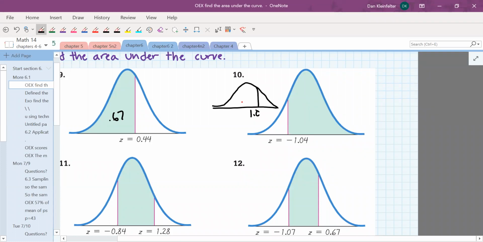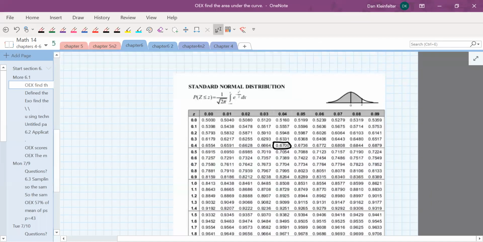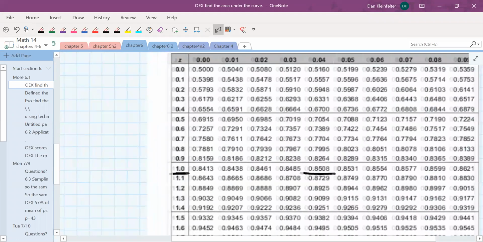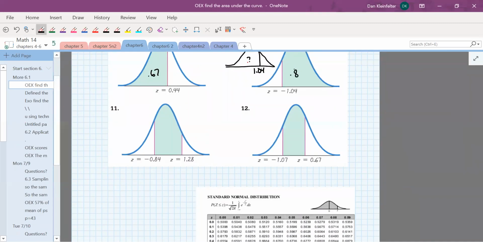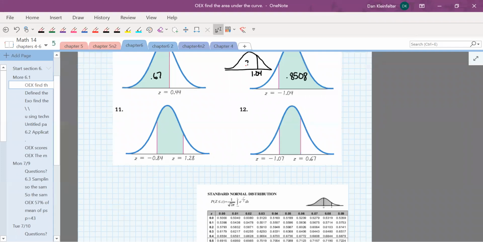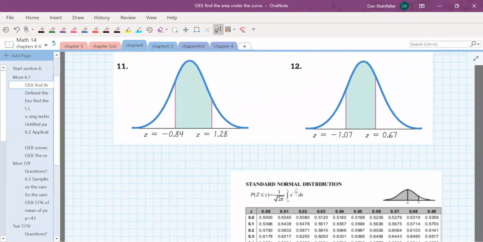So let's look up 1.04 in the table. 1.0 and then the hundredths place 4, 0.8508. Okay, make sure that you understand that before we go on.